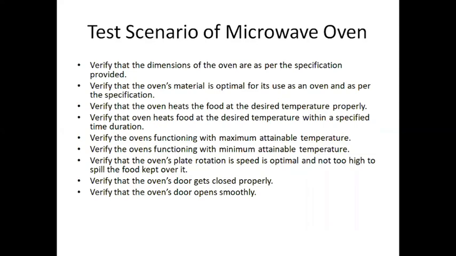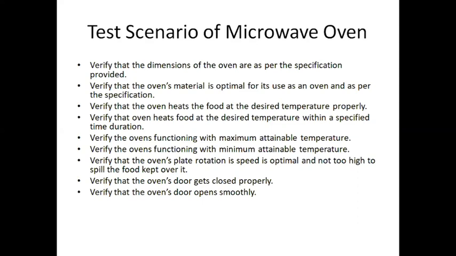First of all, verify that the dimensions of the oven are as per the specification provided. Then we can verify that the oven's material is optimal for its use as an oven and as per the specification. Over here, you can also add one more test scenario: verify if the microwave-supported utensils can be used properly in a microwave oven.